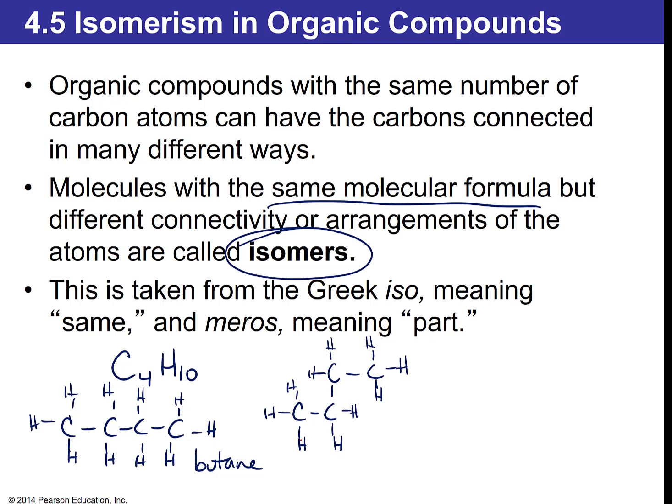Do you see that there's still 4 carbons, 10 hydrogens there? Does it look different, when you just lay it down on paper? One looks a little zigzaggy, the other one looks like a long straight line. But if I had to name the longest carbon chain on that one, what is that? 4, so that molecule is butane as well.